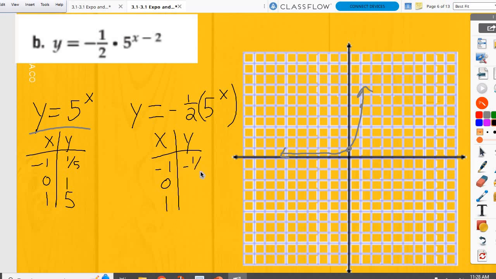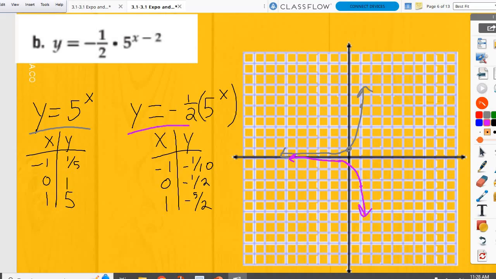So we get negative 1/10, negative 1/2, and negative 5/2. So it looks something like that.